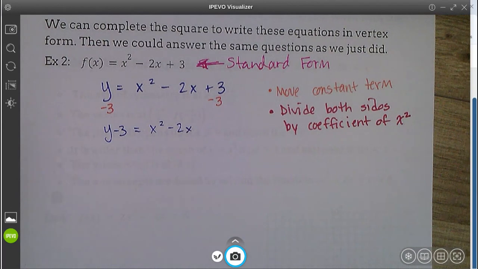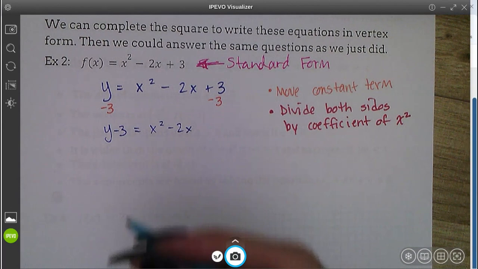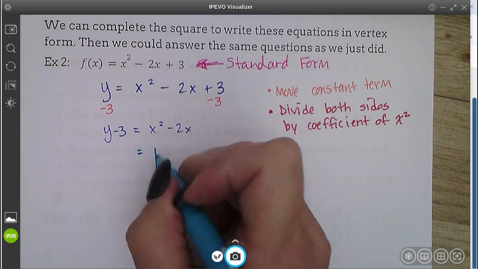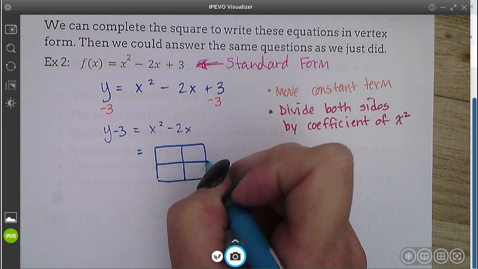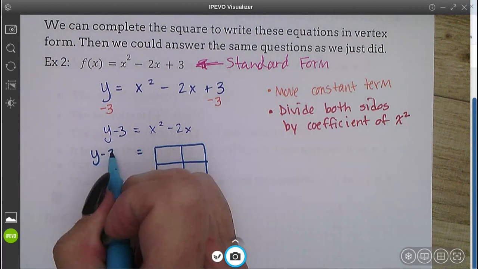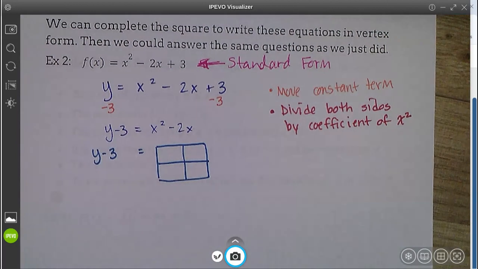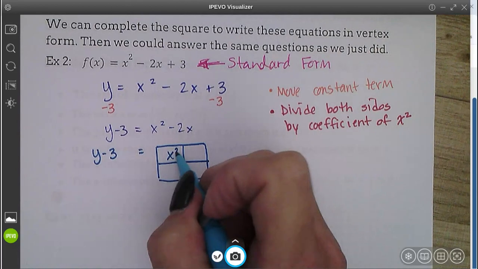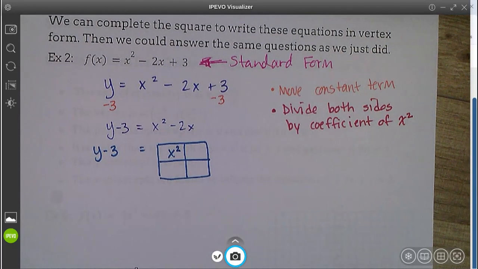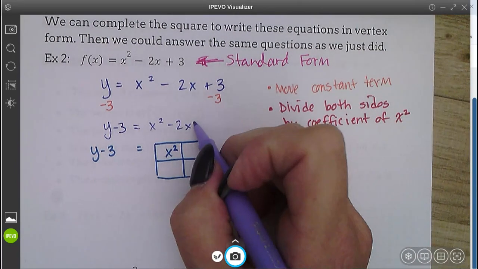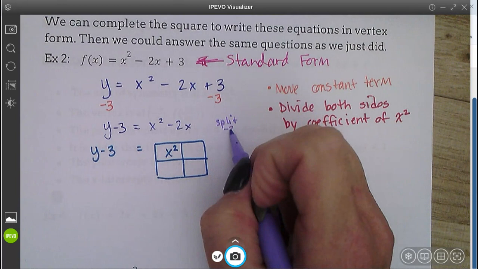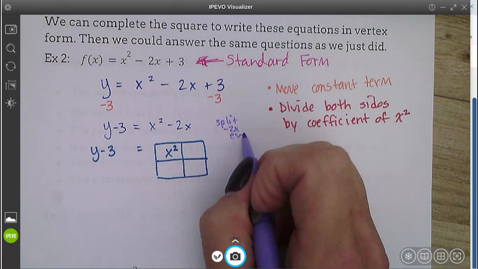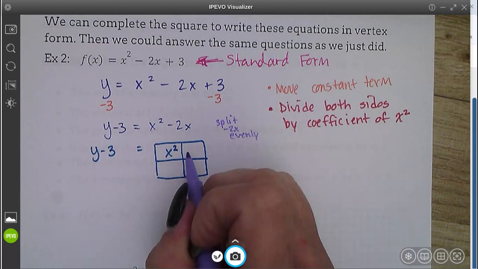And then the next thing we're going to do is set up for completing the square. So I will put my box here. I still have y minus 3 on that side, and I'll put x squared in the top left. Then remember that this minus 2x here, I have to split the minus 2x evenly between those two spaces.